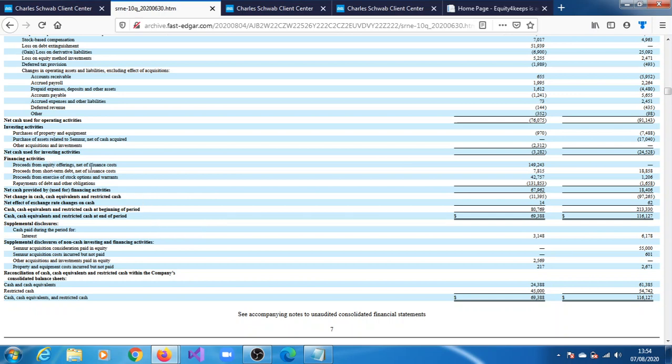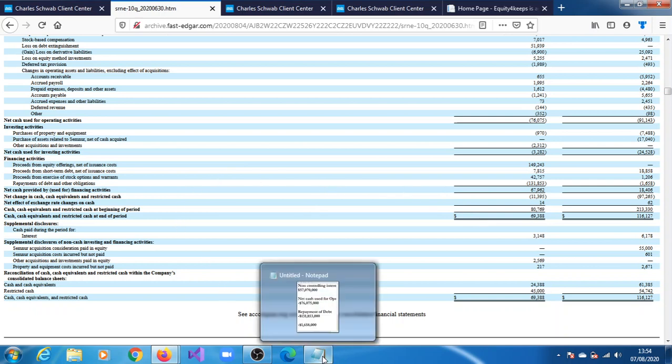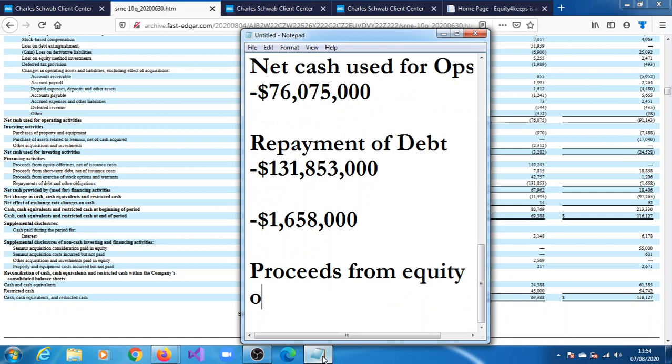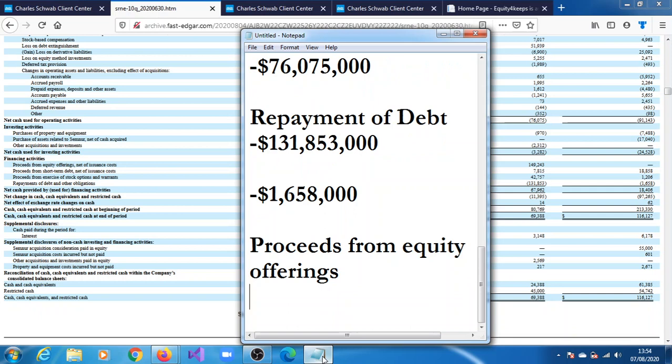Proceeds from equity offerings is $149,243,000.